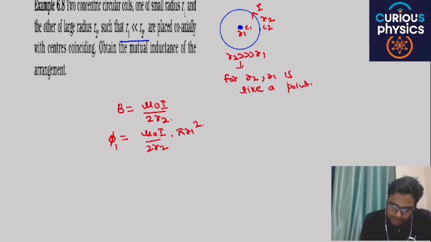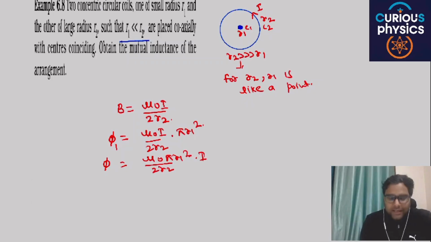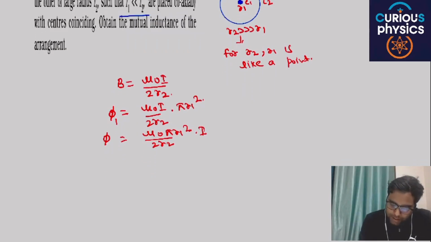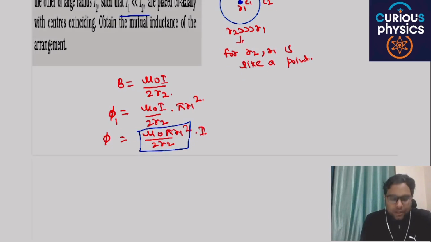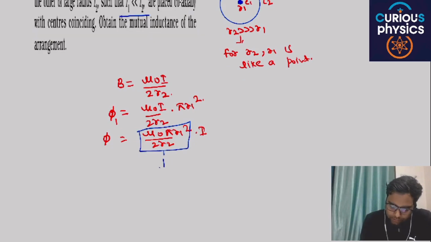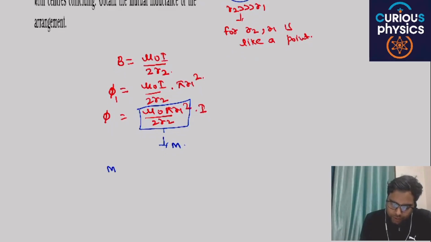So the magnetic flux is mu naught pi r1 square divided by 2r2 into I. Now phi is directly proportional to I, so this particular term is nothing but M. Then the mutual inductance will come out to be mu naught pi r1 square divided by 2r2. Are you able to understand my point or not?